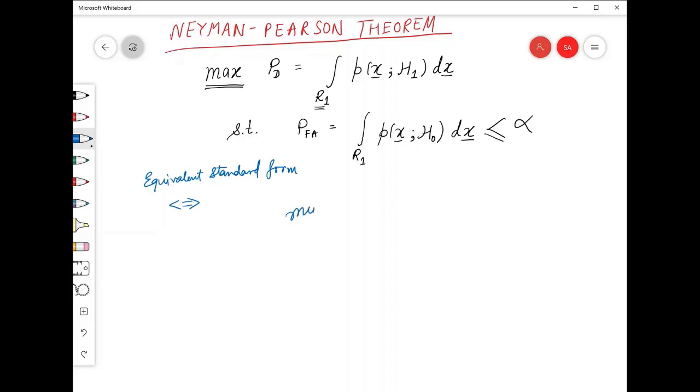So I can write it to be minimize minus PD. Okay, minus PD will be minus integral over R1 of probability of X given H1 dx such that now PFA minus alpha is less than equal to 0.